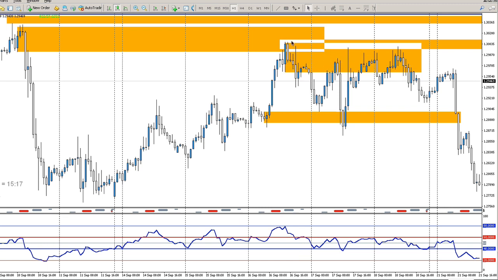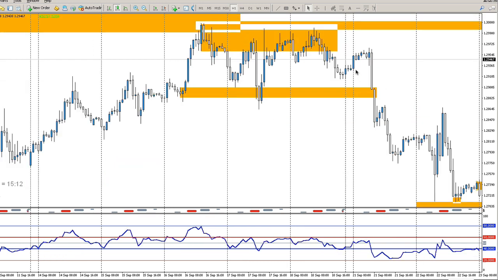It lingers around this order block quite a lot because it's reaccumulating for this massive drop. Once it's dropped and broke structure, then we're in for more high probability trades.